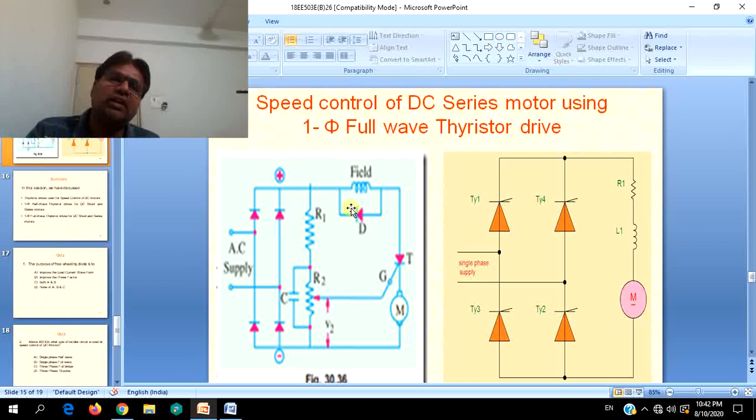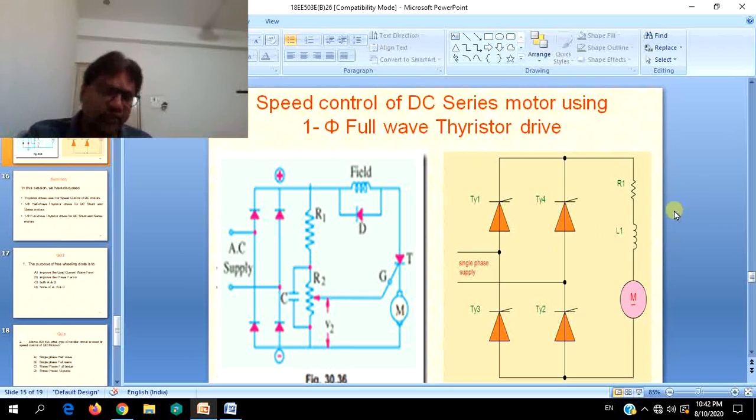But in case of series motors, field is in series with the armature. So to change that, either you will be using field diverter method or tapped field control method for series motors. That is not followed in case of power electronic drives of series motor control.